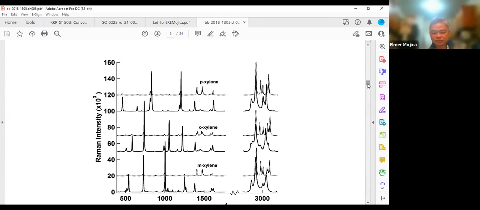So here we have both experimental and theoretical calculation. So I try to see if I would be able to show you some software that we utilize. So I'm opening a software.